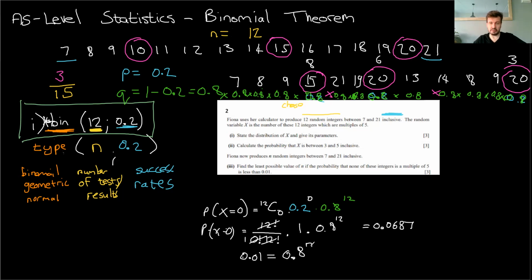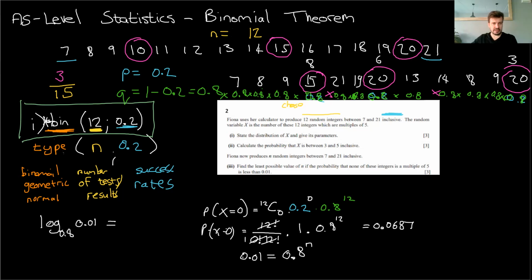So how many times would we have to do this to make the probability 0.01? For the 0.8 to the 12, we'd have to do to the n now. Now we use logs, right? So log base 0.8 of 0.01. And what do we get?